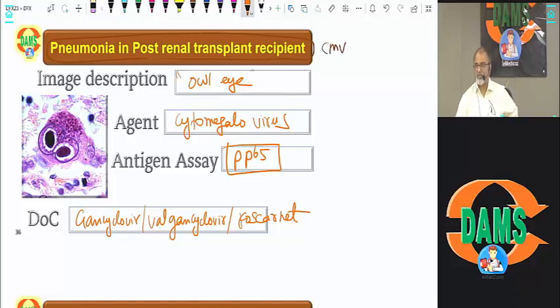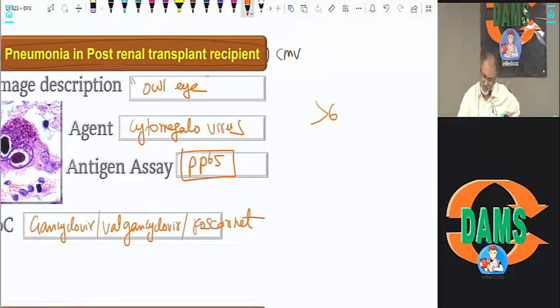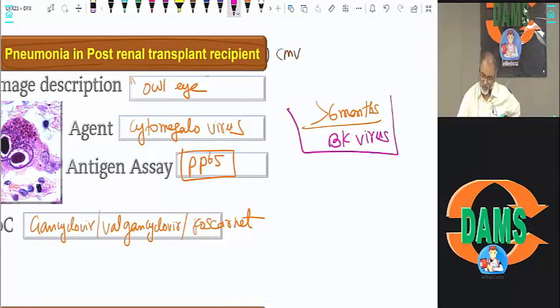Post-renal transplant recipients: common cause is cytomegalovirus. If it is less than 6 months, cytomegalovirus. If it is more than 6 months, think of BK virus.